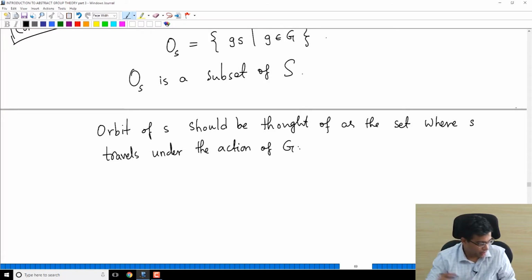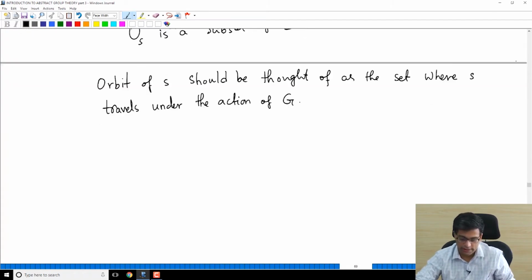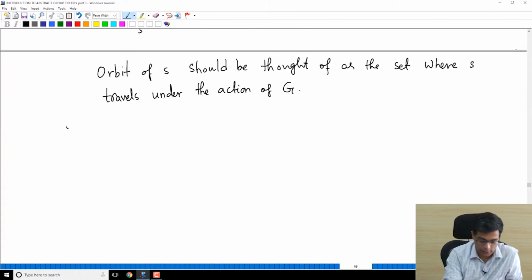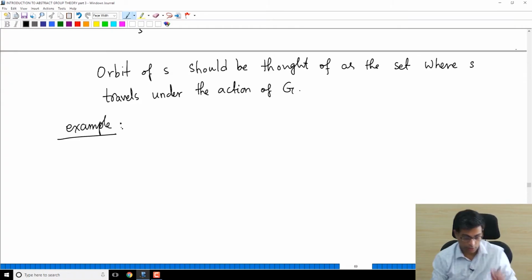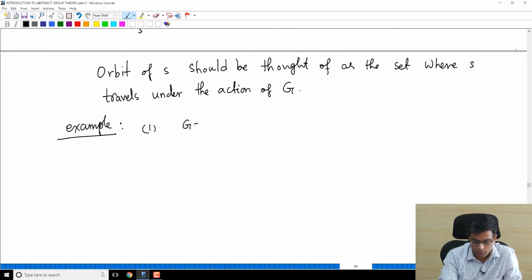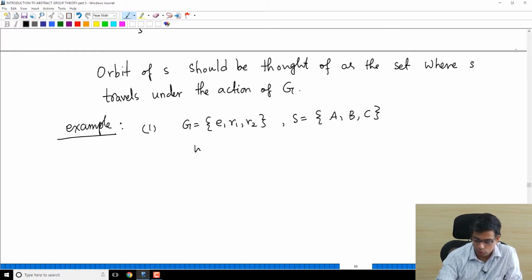Okay, now I should quickly check orbits in all the examples. For example, under the first example, G was the group of rotations and S was the vertices. What is the orbit of, let's say, A?